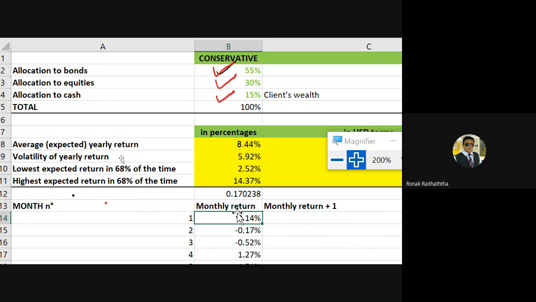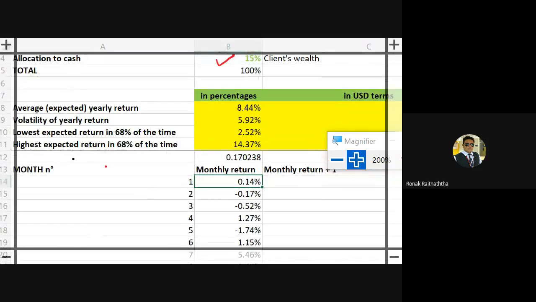So here is how the equation was looking like. Weight 1 multiplied by return 1 plus weight 2 multiplied by return 2 plus weight 3 multiplied by return 3.